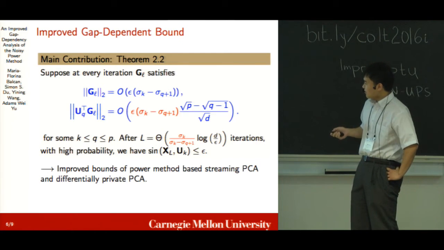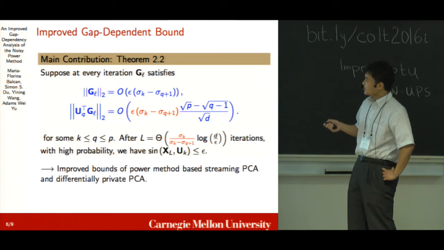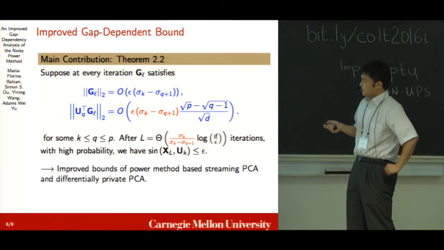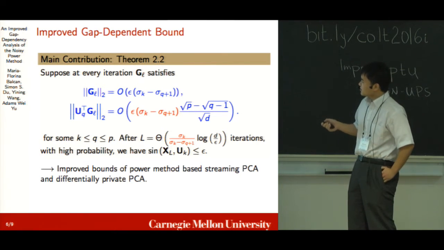However, since the output matrix X is a D by P matrix, we expect that we can enlarge this spectral gap in the convergence. This is our result: we enlarge the noise tolerance in terms of the spectral gap.